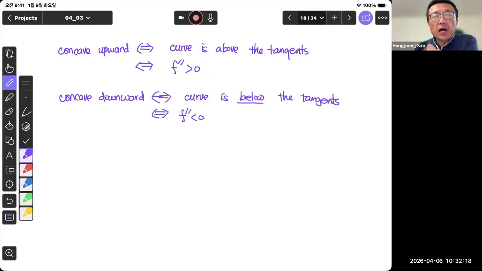So this concave downward or concave upward is not related with increasing or decreasing of a function.